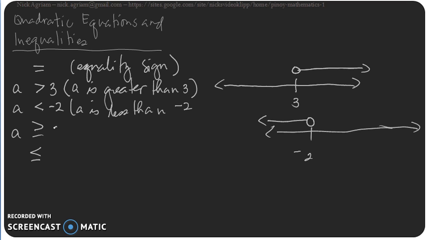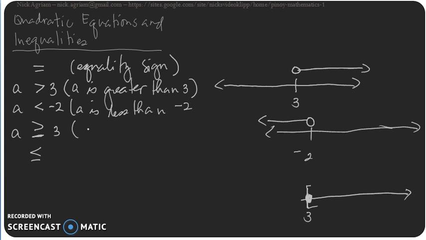That is a very different thing when we say a is greater than or equal to 3, because of this sign. This one says that a can be equal to 3. So if I use the same number line, this is your 3, then I will put a filled circle around it like that. Some use a bracket to indicate this, but in the Philippines we use this. That is what I learned when I studied in the Philippines.